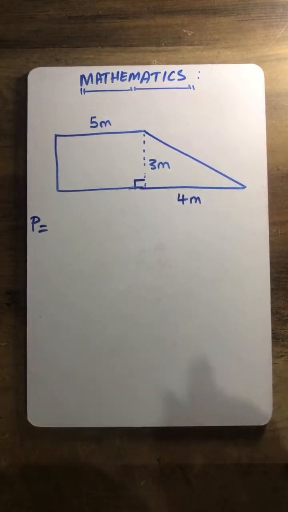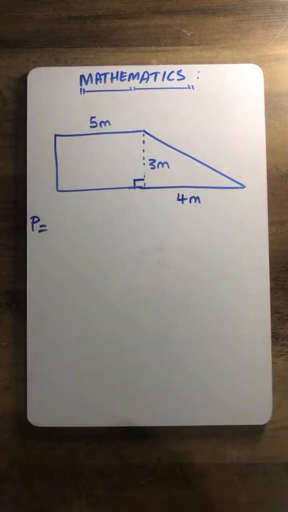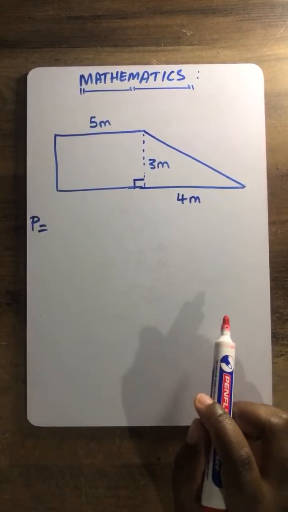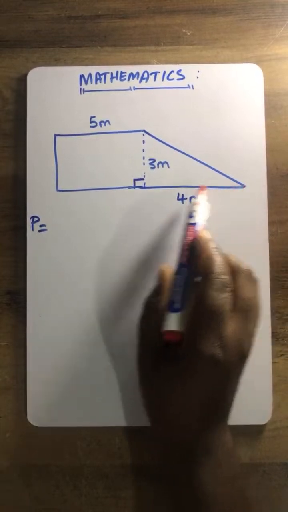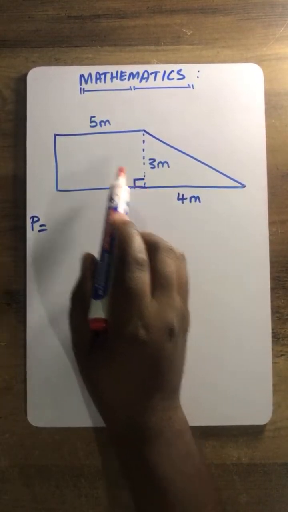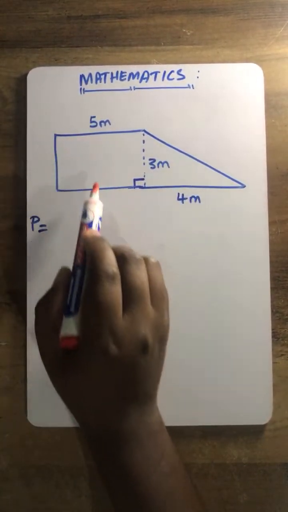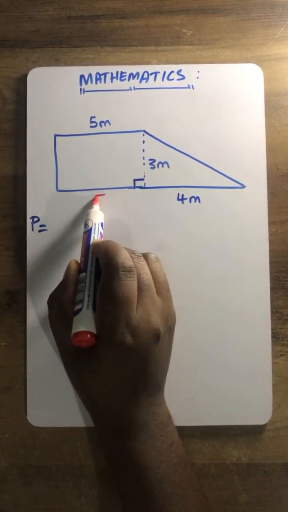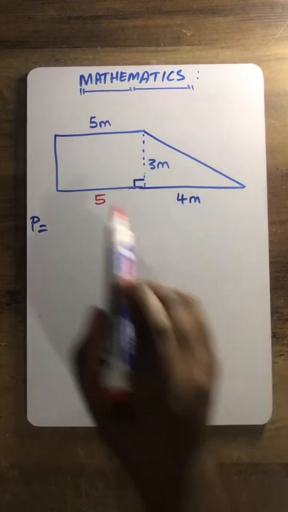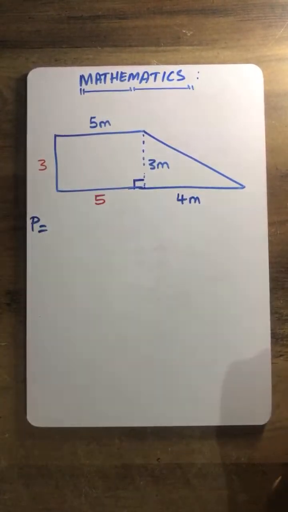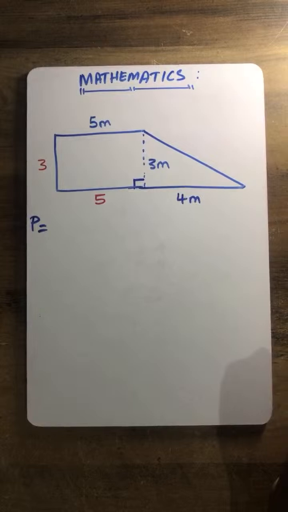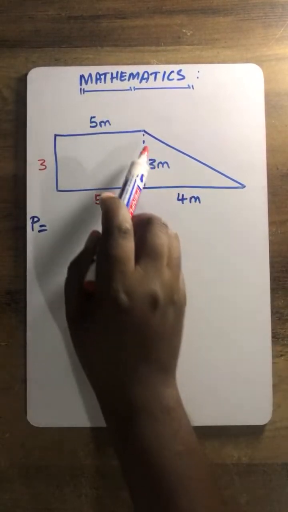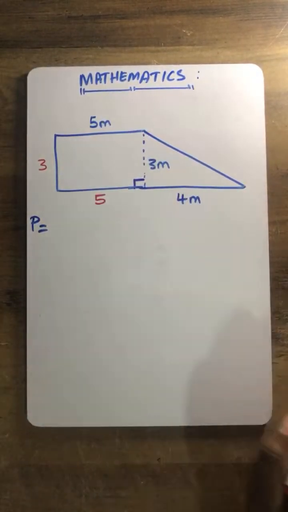Obviously from there to there it is 4. From there to there is 5, so that means there to there also has to be 5. And then that has to be 3. So I will definitely need to use the theorem of Pythagoras to find out what that is.